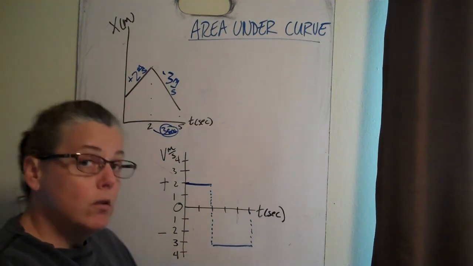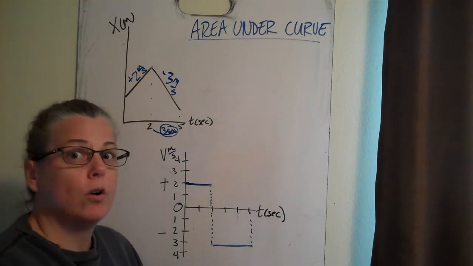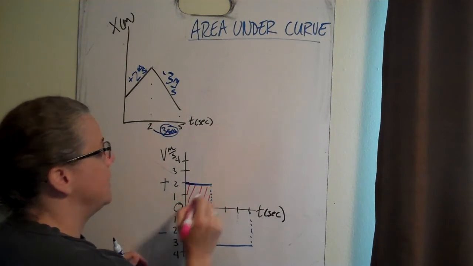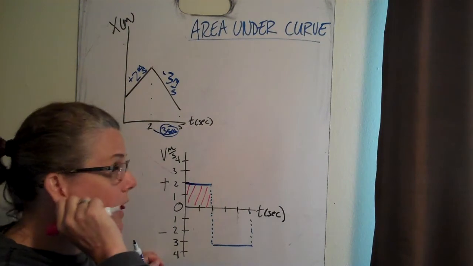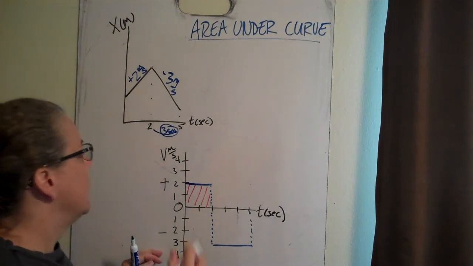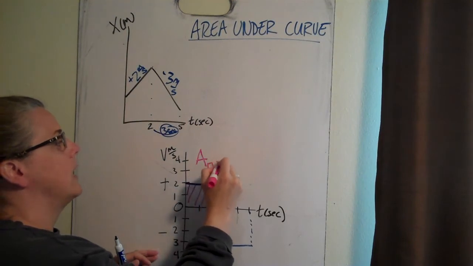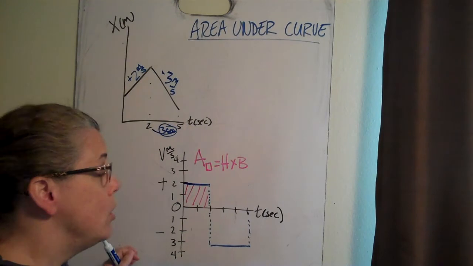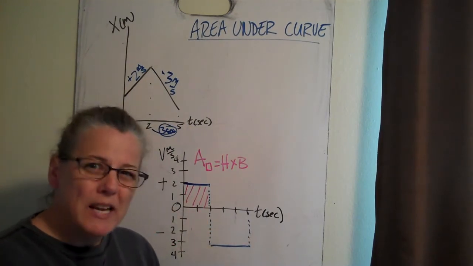What we've been learning is about area under the curve. For area under the curve number 1, you shaded in that area. I asked you what shape it was, and you said it's a rectangle. You know that the area of a rectangle is the height multiplied by the base, and so you were able to calculate what we now know as the displacement.